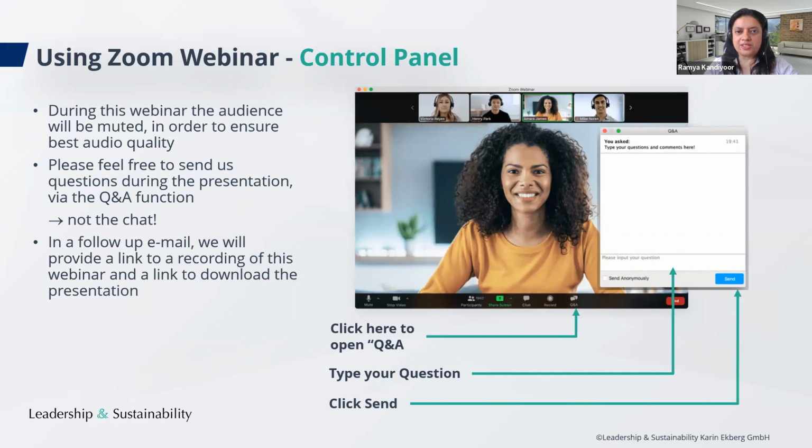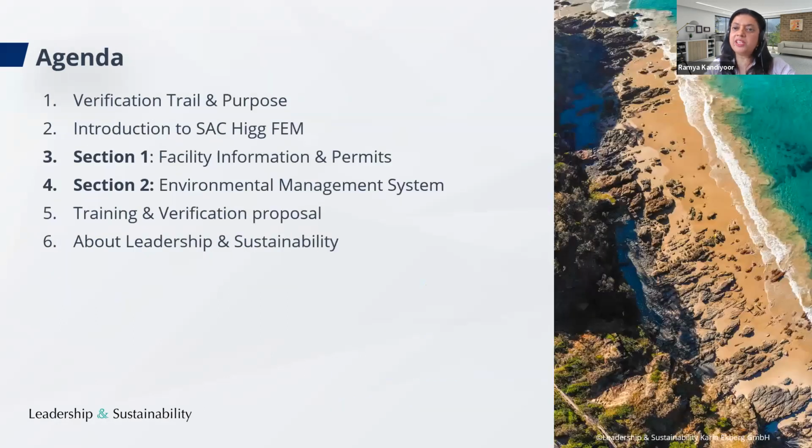Let us take a look at the agenda for today. We will be looking at the verification trail and its purpose. We would also like to introduce the SAC Higg FEM to all of you, some of whom might be looking at this for the very first time. In today's module, we will go into section 1 and section 2.